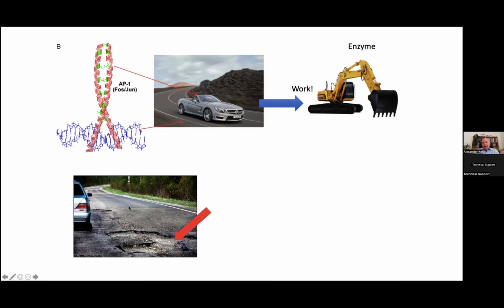You can drive another road, or maybe you can just ride the sideway, which means if the factor cannot bind to the place where it should bind or where it usually binds, and this site is mutated, well, the factor can bind maybe nearby. And that's what we see quite often.